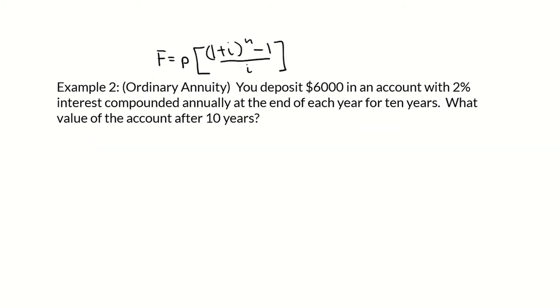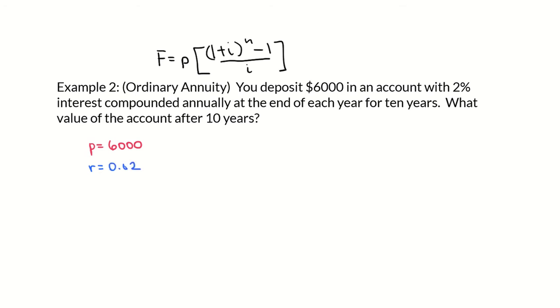Example 2, you deposit $6,000 in an account with 2% interest compounded annually at the end of each year for 10 years. What is the value of the account after 10 years? So using this equation, we need the payment amount, which is $6,000 at the end of each year. We also need i, which we get using the rate. So the rate is 2% or 0.02.